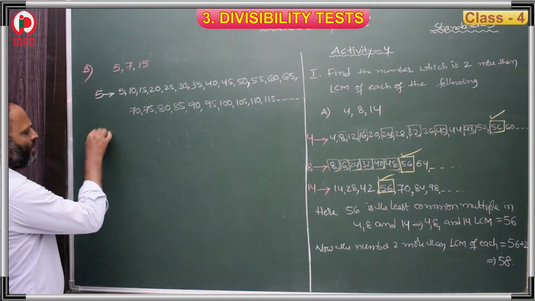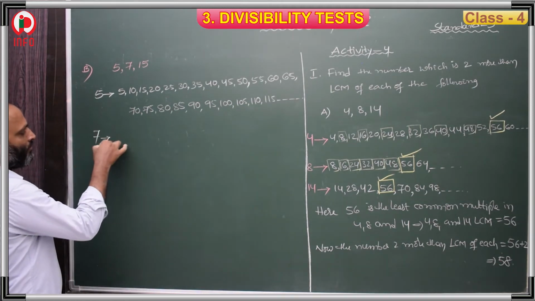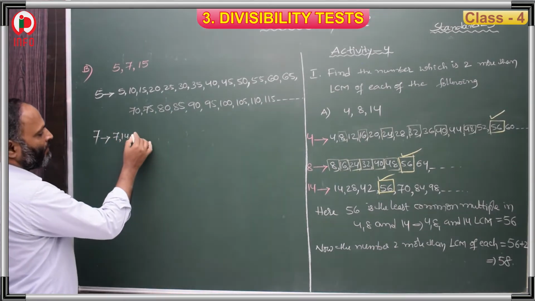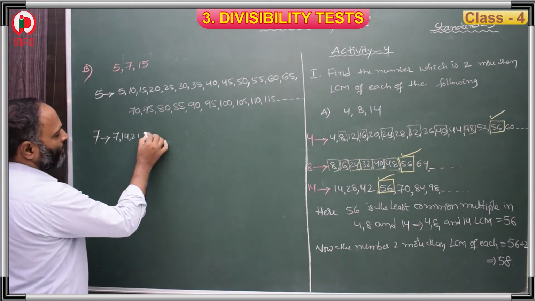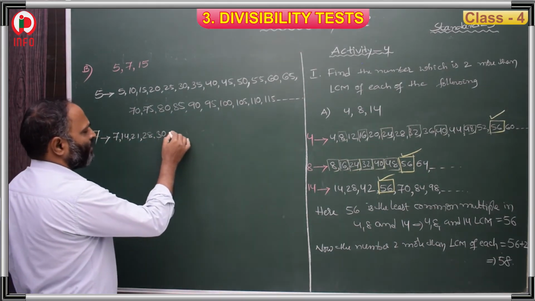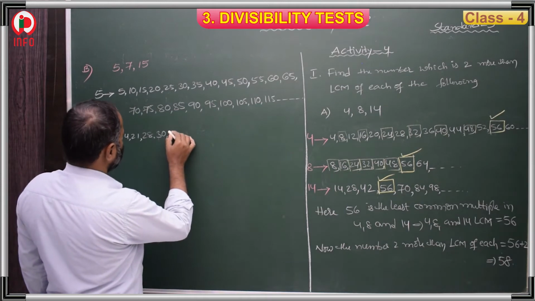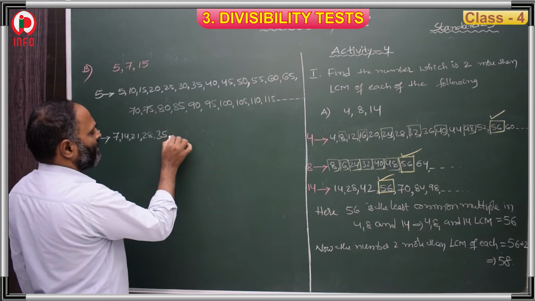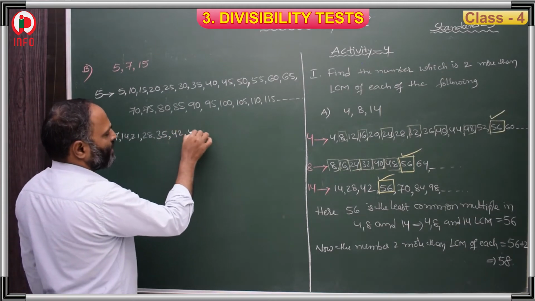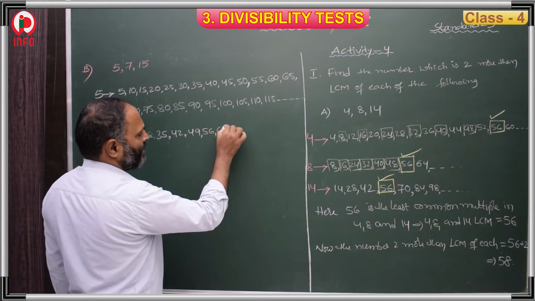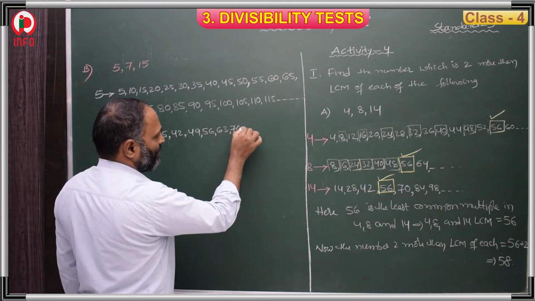Next, 7. 7 ones are 7, 7 twos are 14, 7 threes are 21, 7 fours are 28, 7 fives are 35, 7 sixes are 42, 7 sevens are 49, 7 eights are 56, 7 nines are 63, 7 tens are 70.